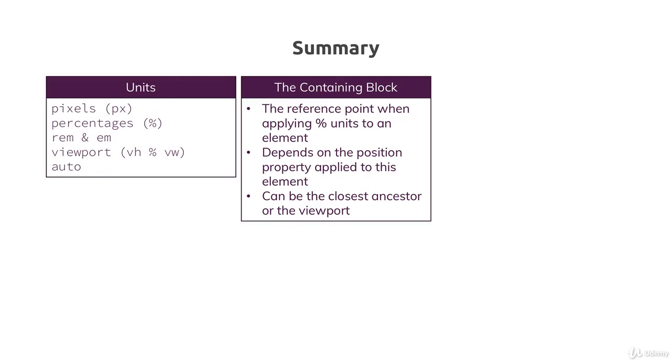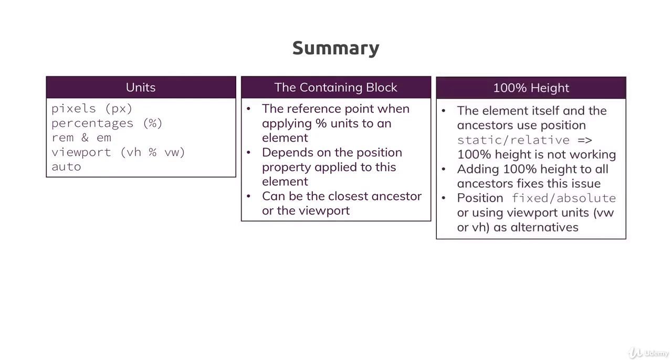For example, if we have the position fixed declaration applied to our element, then the containing block is not the closest ancestor, but the viewport. If we have the position absolute declaration applied, then the closest ancestor, which also has a position property applied, is our containing block. And we saw that if we have position static or relative applied, the closest ancestor, which is a block level element, is our containing block.